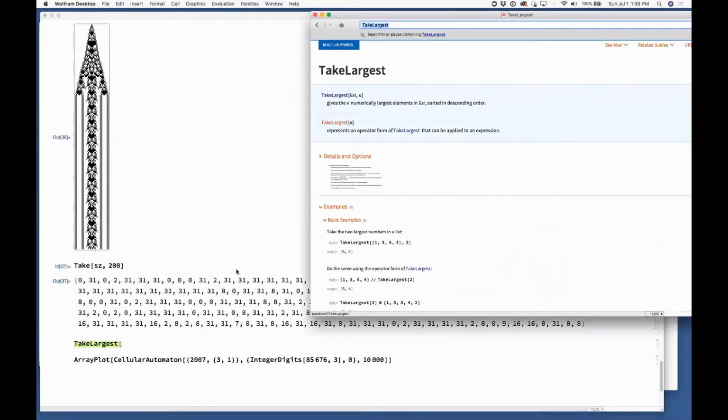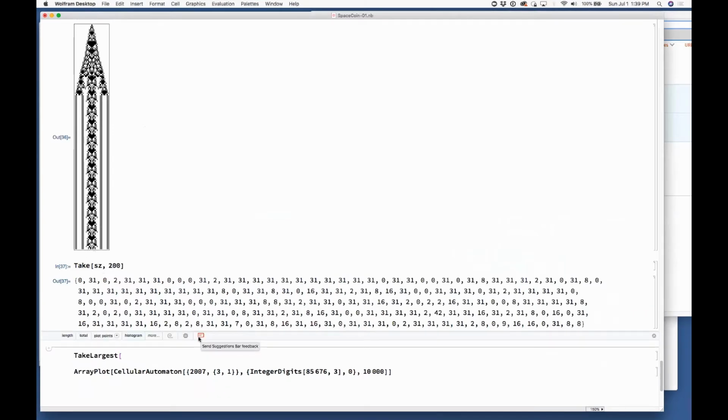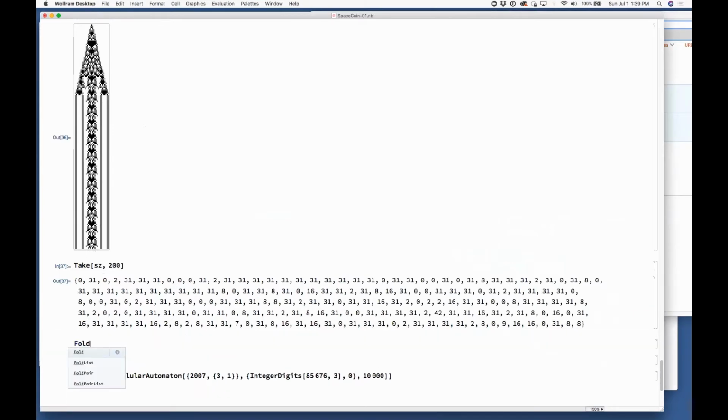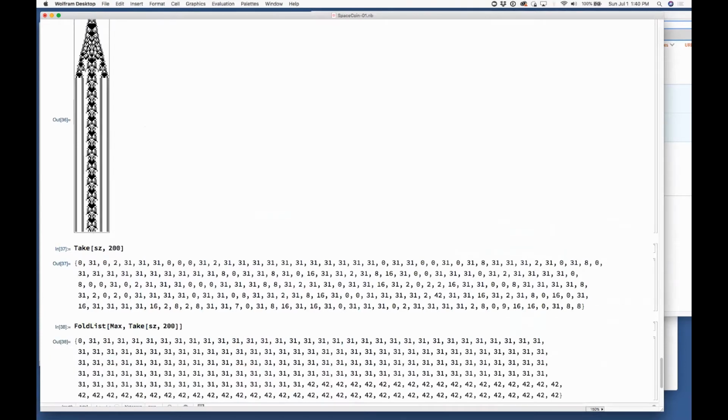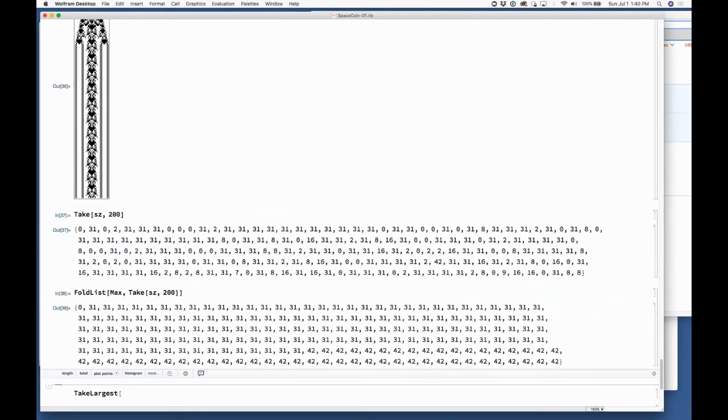Well, one thing we can do, actually, here's the way to do it. We just fold. Okay, I claim the following will work. If we say fold max over this, that will always give us the running maximum that we've got so far.